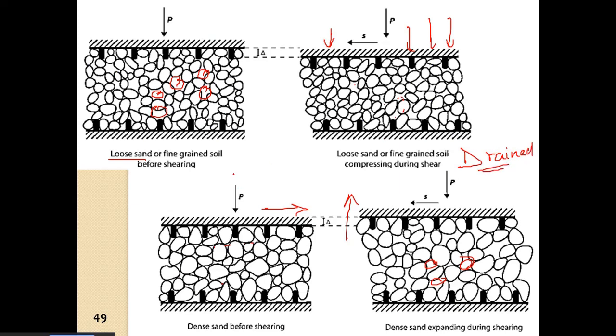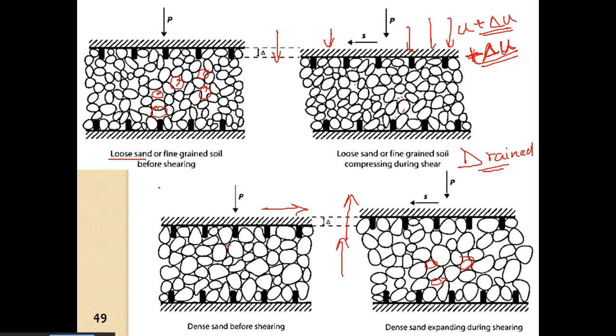For the undrained case, since the loose sand tries to compress but cannot compress, there will be positive pore water pressure developed. So delta U will be positive, so there will be an increase in the pore water pressure. So now the pore water pressure will be U plus delta U, whereas here the dense soil will try to expand.